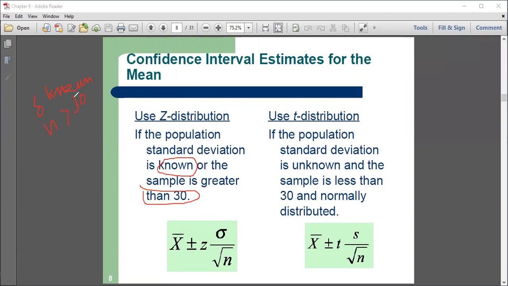So we will use the Z distribution. If we have sigma unknown and n is less than 30, we will use the T distribution.